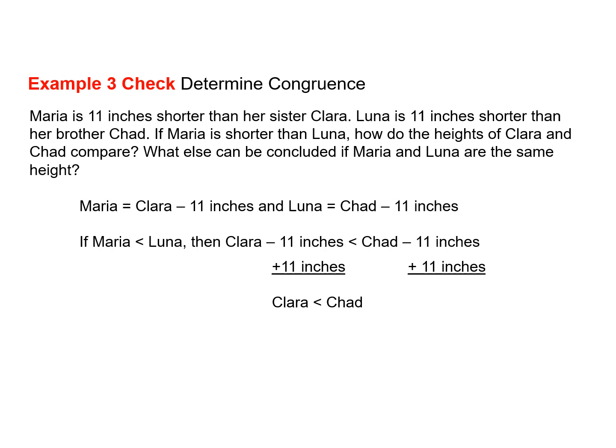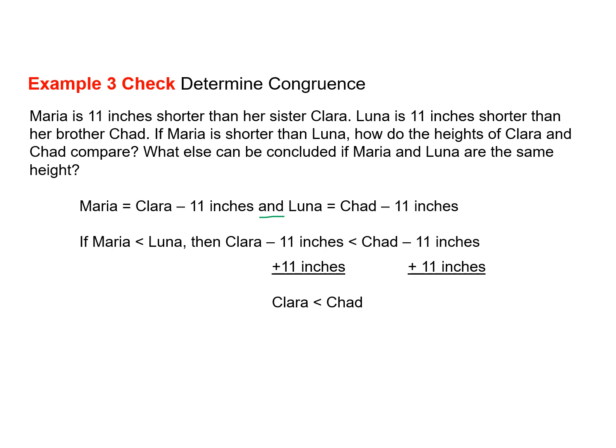Now, I wrote this out and I didn't mean for you to see it so early, but it's there. If Maria equals Clara's height minus 11 inches and Luna equals Chad's height minus 11 inches. So these are two situations. Maria is Clara minus 11 and Luna equals Chad minus 11.